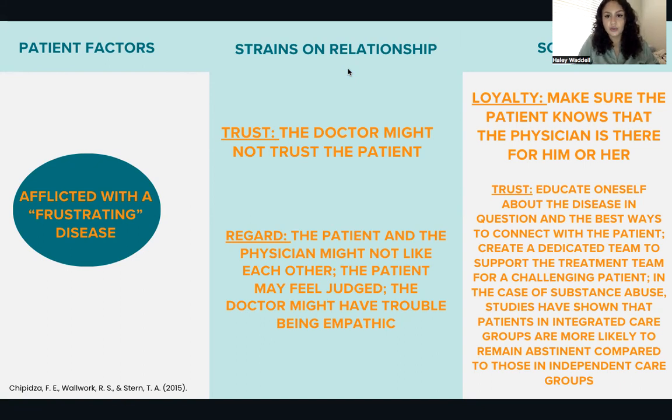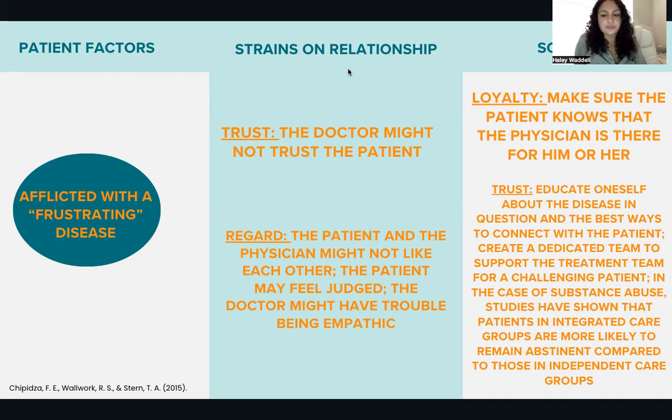As a provider, you might not trust that they are adhering to their treatment regimen to get better, because you're just like, I'm telling you, are you doing everything that I told you to do when you're at home? You might not trust that the patient is being truthful when they leave your office.